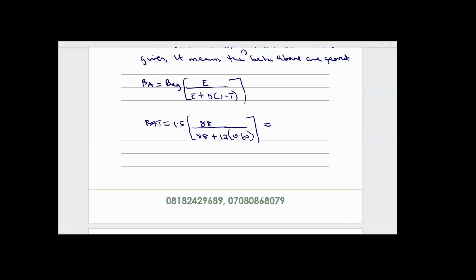So 88 divided by 95.2, multiplied by 1.5, equals 1.39. The beta asset of training service is 1.39.